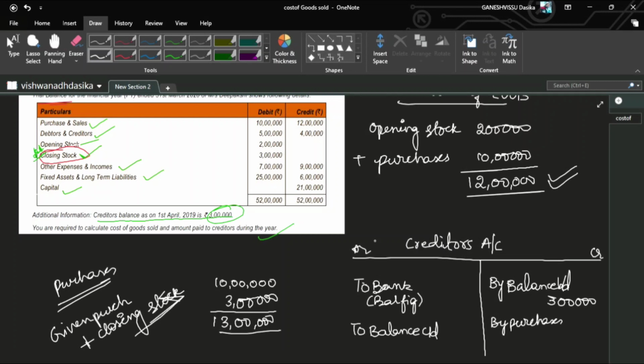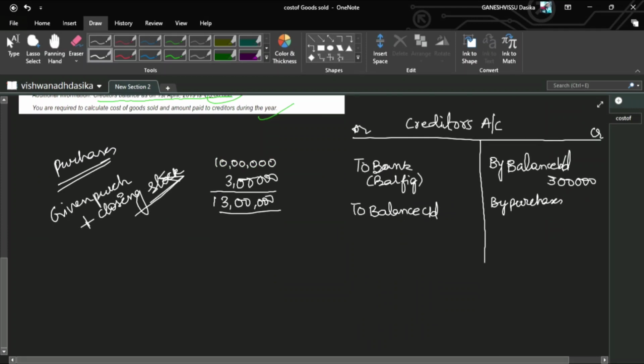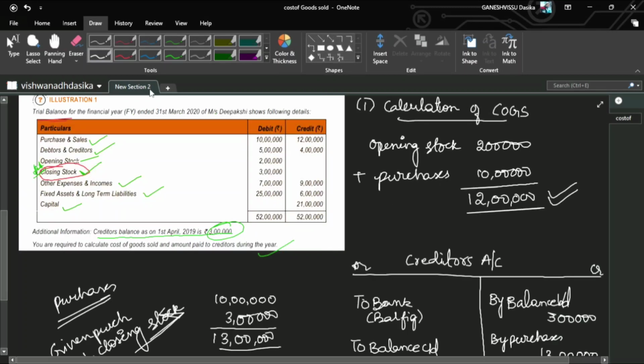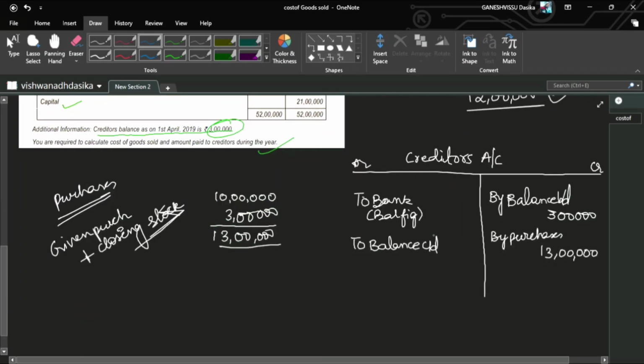Okay, now we are going to add the same thing here. Purchases is 13 lakhs rupees, and we can see in the question the closing creditors amounted to rupees 4 lakhs. So we shall write down here 4 lakhs rupees.